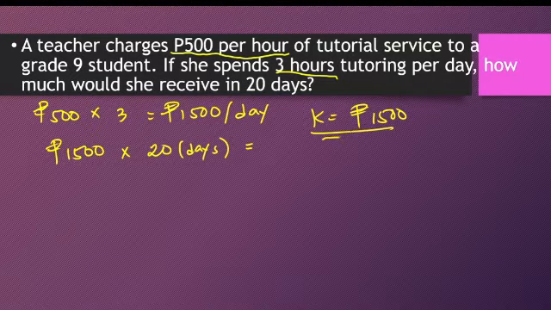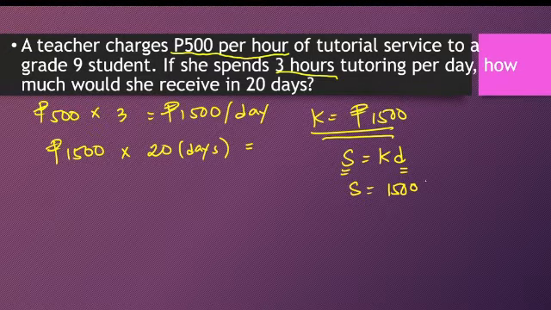Yan yung constant. Okay, so the salary is equal to KD, or the number of days. Ito yung sa salary, ito yung sa number of days. So, may constant tayong K kasi per day nga yun. So, S is equal to 1,500D. Okay, para makuha yung salary.